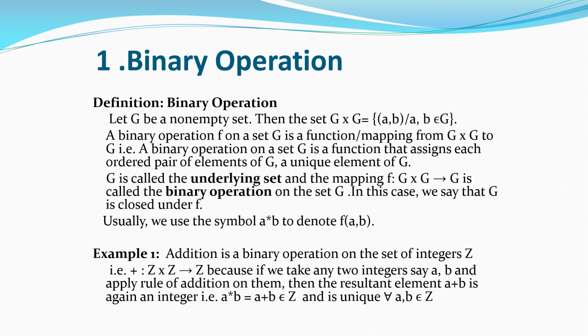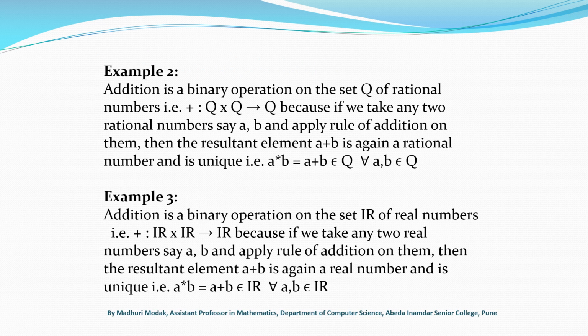If I consider 8 and minus 5, both are integers, and their addition 8 plus minus 5 is 3, which is again an integer, and that element is unique. So in this way, if you consider any pair of integers a and b, then a plus b is again an integer and it is a unique element. So we can say that addition is a binary operation on the set of integers.